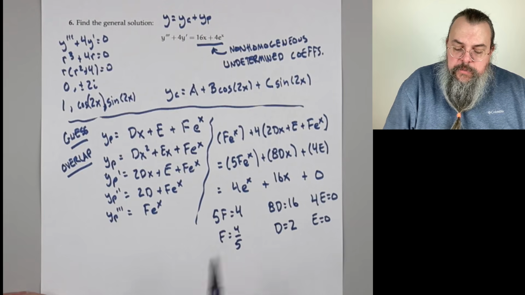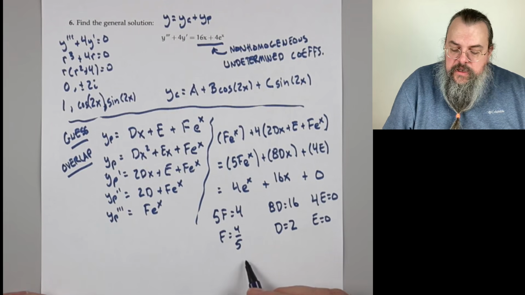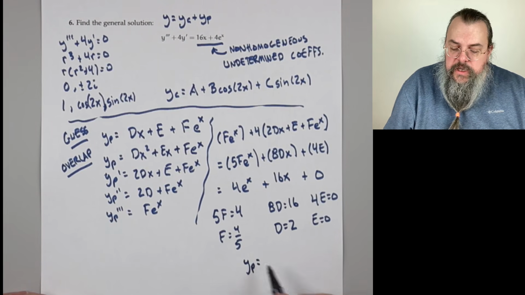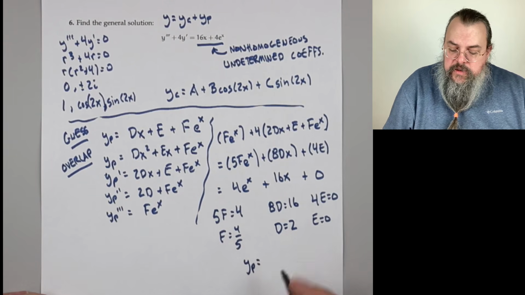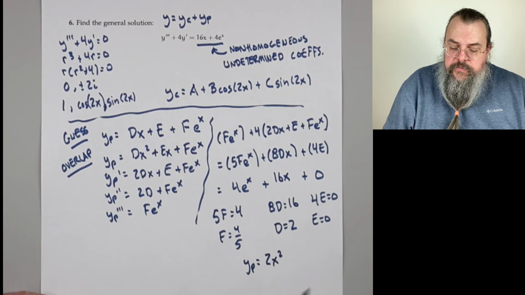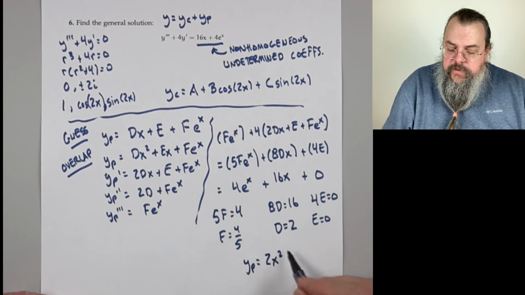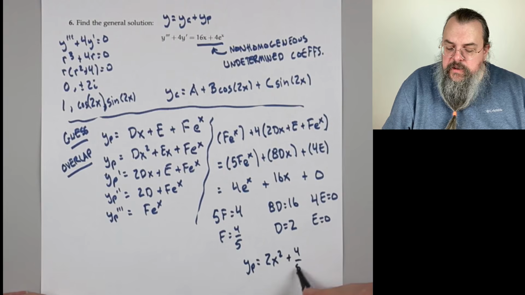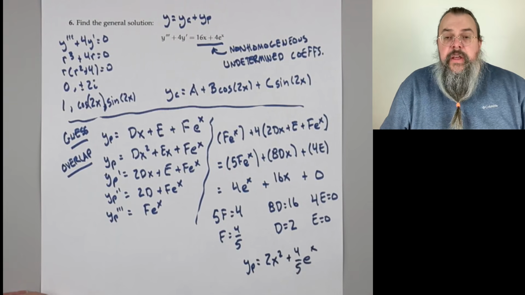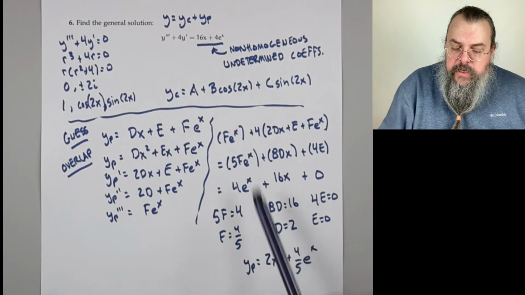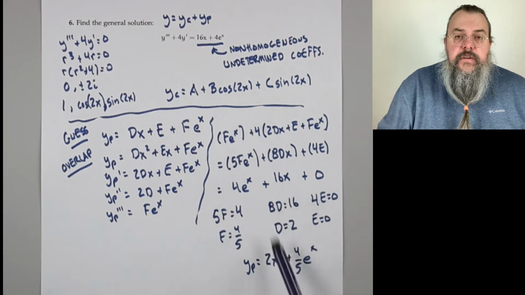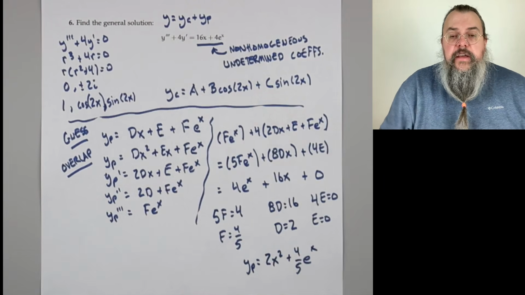So our particular solution is what? It'll be d times x squared, so that's 2x squared, e times x, which is 0, and 4/5 e to the x. So what's the last thing for us to do? Well, to combine our two parts, right? Because y is the two things added together.